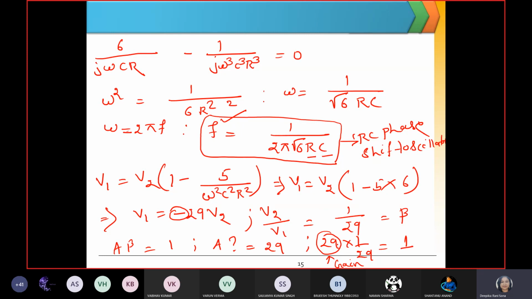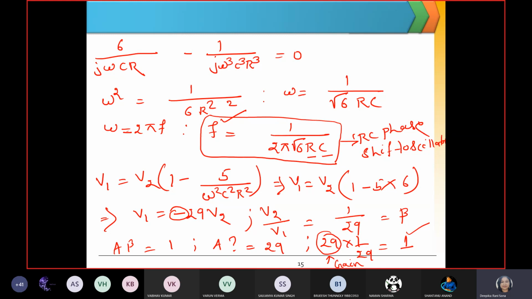As well, if I make my gain 29, I can easily achieve A beta as 1, since the default value of beta is 1 by 29. So I have to make the gain compulsorily 29 to achieve this. So here we are meeting the Barkhausen criteria for the RC phase shift network. So this is all about the RC phase shift network.